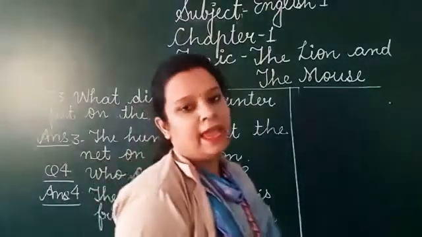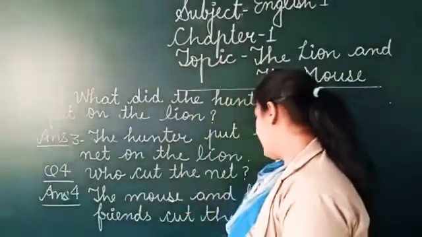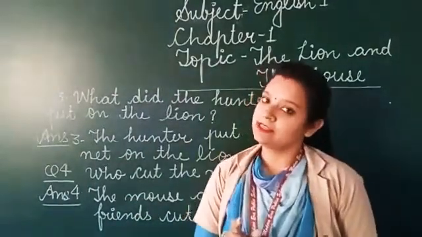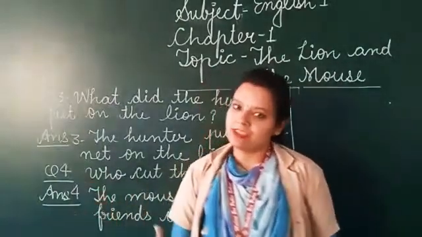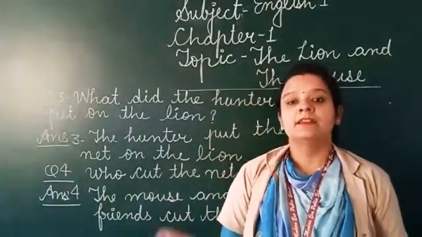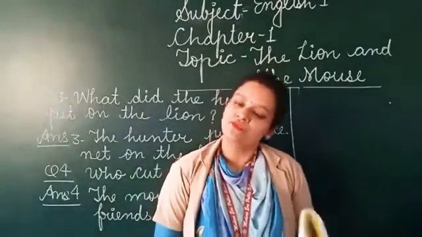The mouse and his friends cut the net with their sharp teeth. Okay, and they made the lion free. After that the mouse and the lion became friends.